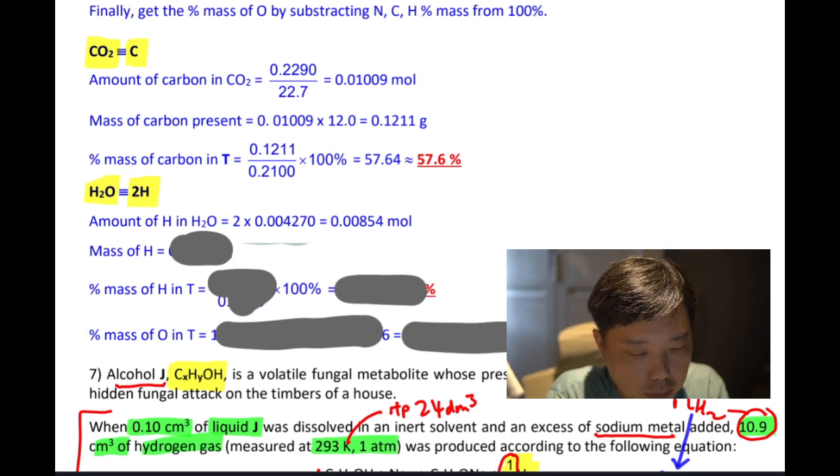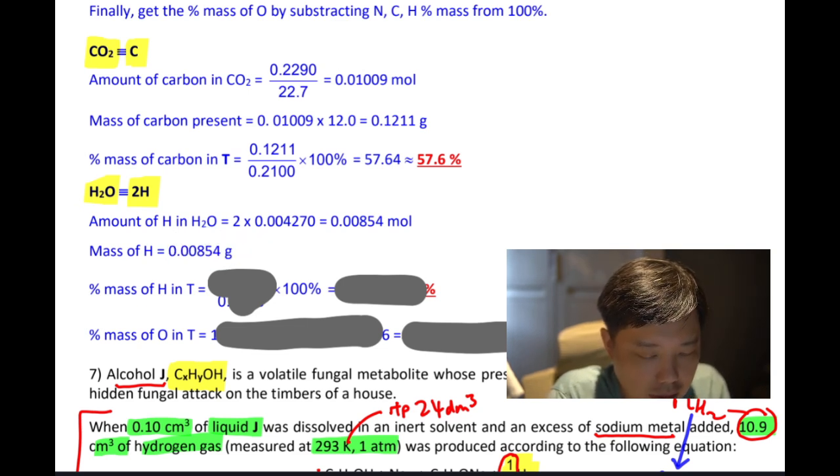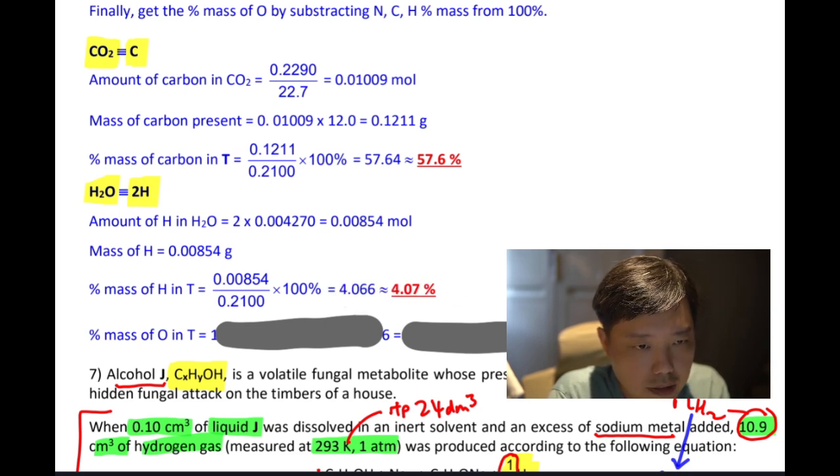Then multiply by 1 again, actually it's the same thing. So this is the actual mass of hydrogen in the sample. We just need to divide by 0.21 grams times 100%. This will be the percentage of H in sample T, which is 4.07.